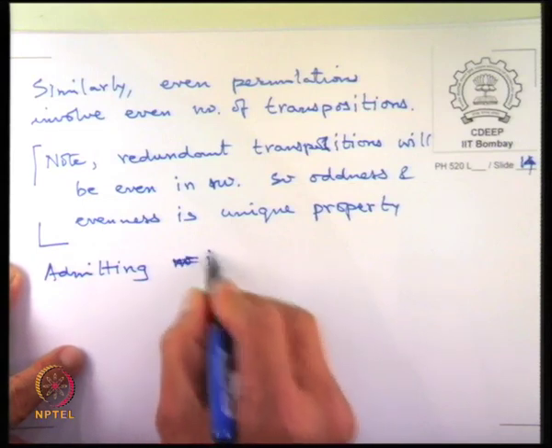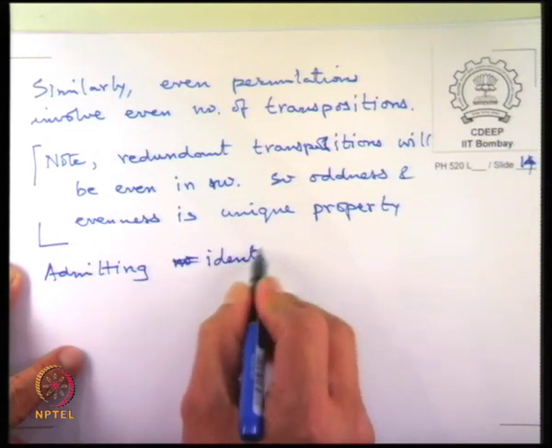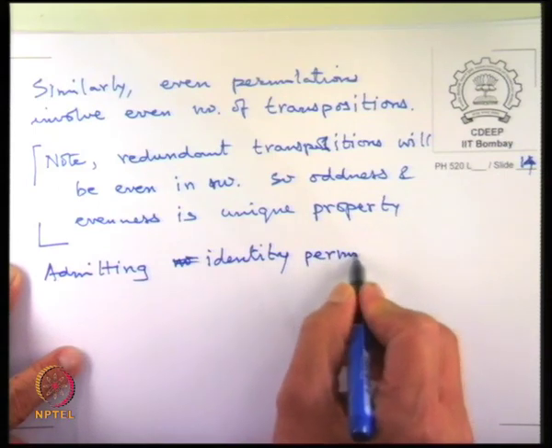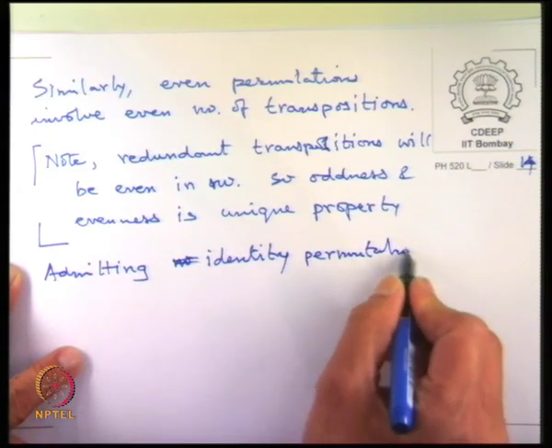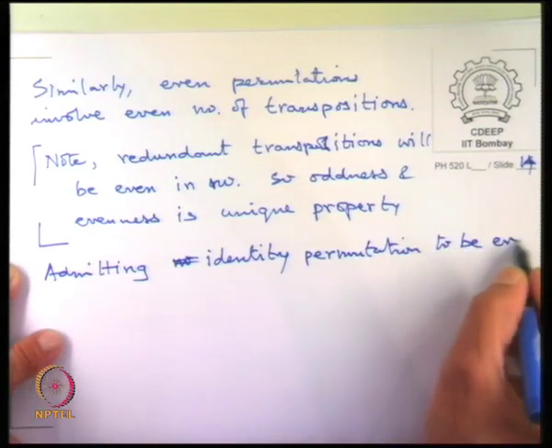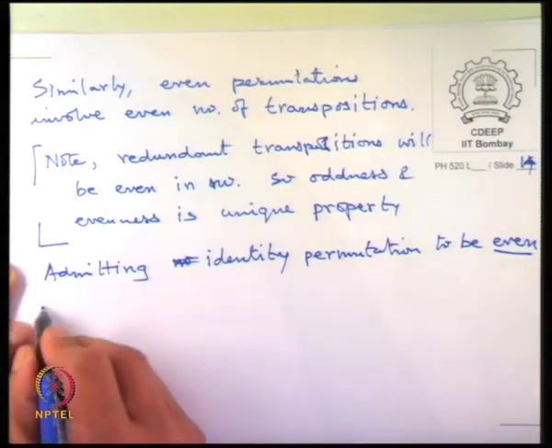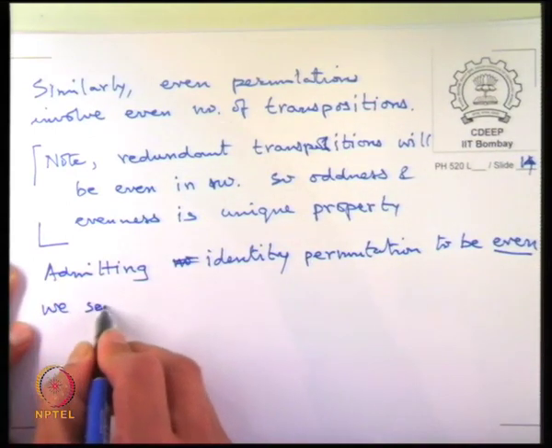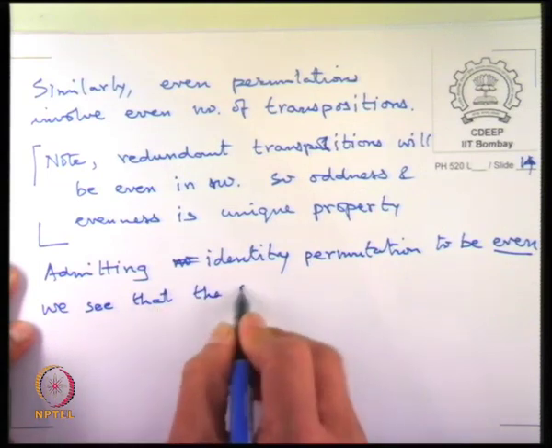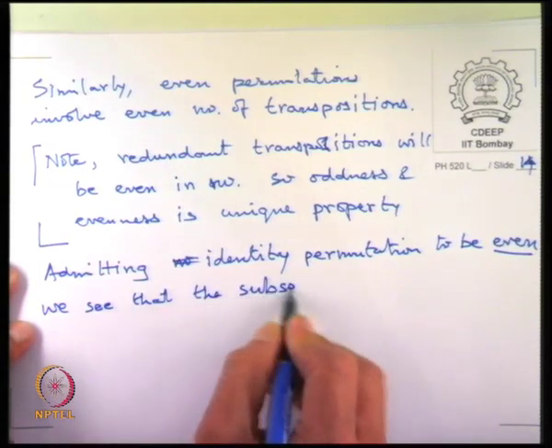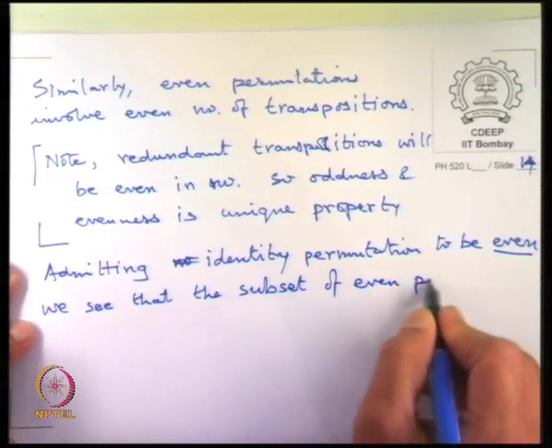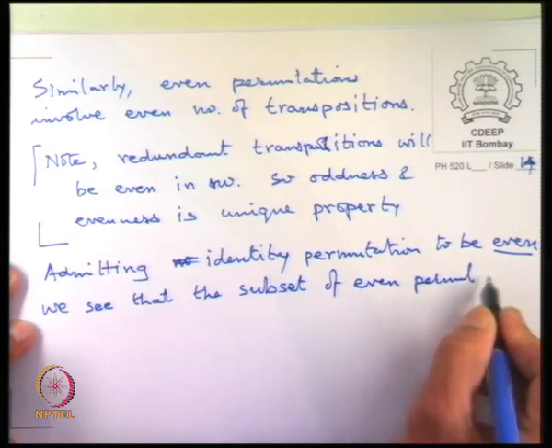Admitting the identity permutation to be even, we see that the subset of even permutations forms a subgroup.